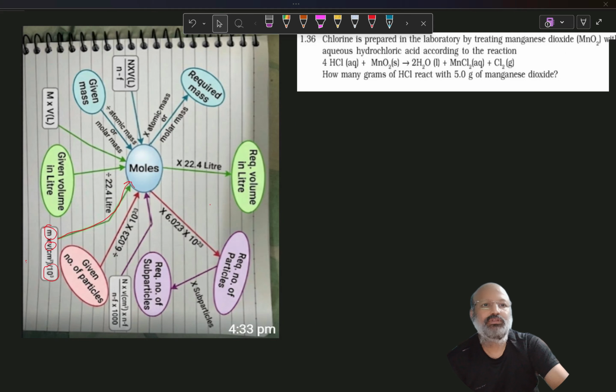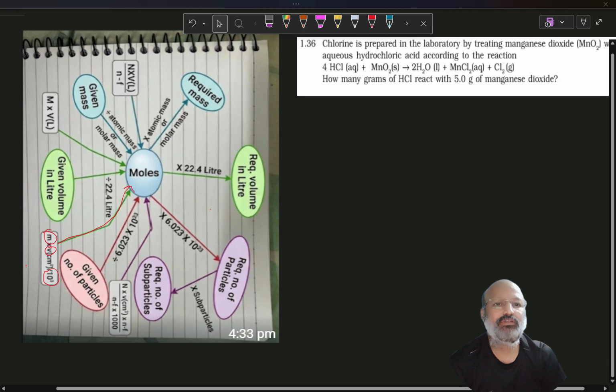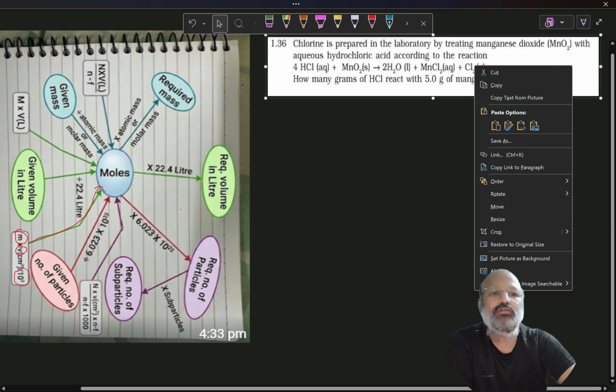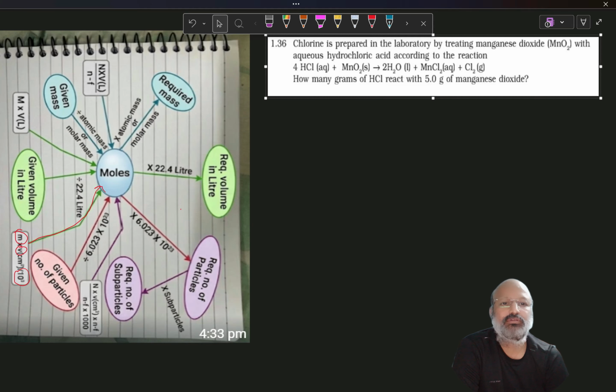Now our next question is, you can see, chlorine is prepared in the laboratory by treating manganese dioxide with aqueous hydrochloric acid. According to the reaction, how many grams of HCl react with 5 gram of manganese dioxide?